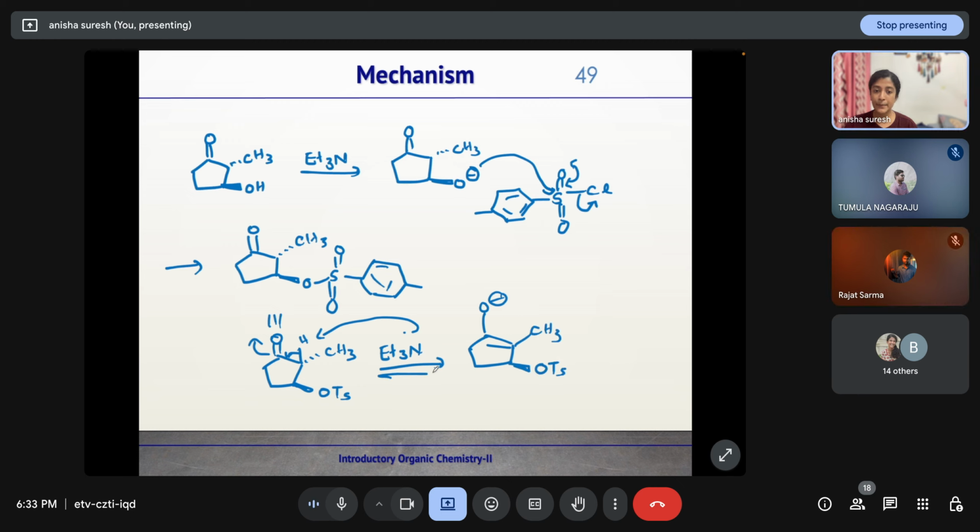This reaction can be reversible as well, as we have seen in the E1cB mechanism. Now this type of arrow pushing takes place, that is, the E1cB mechanism, leading to formation of this product.